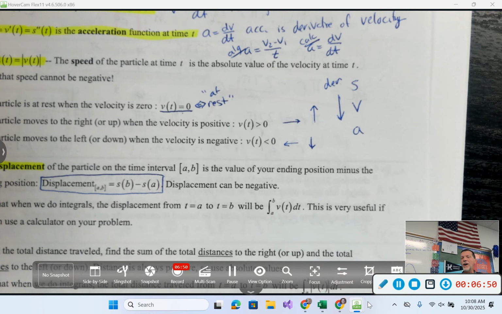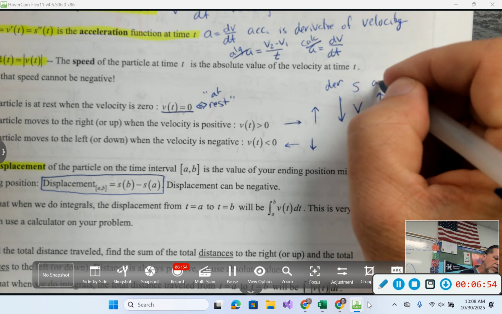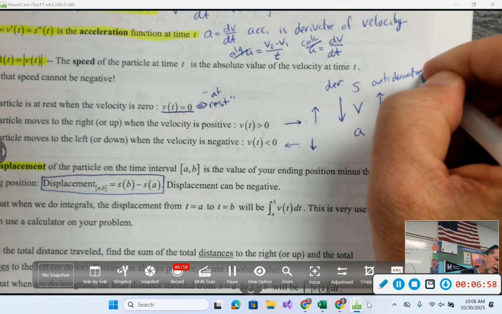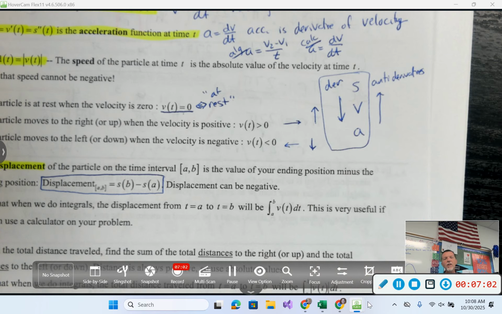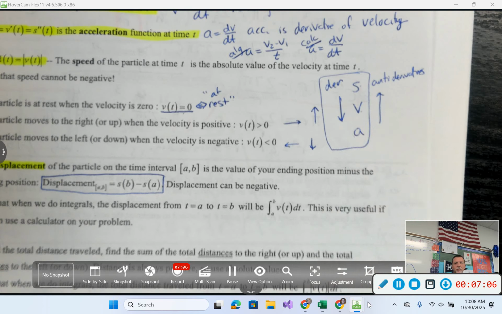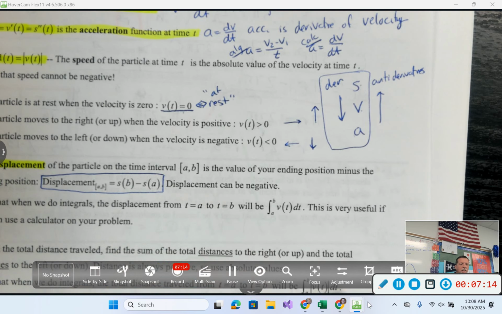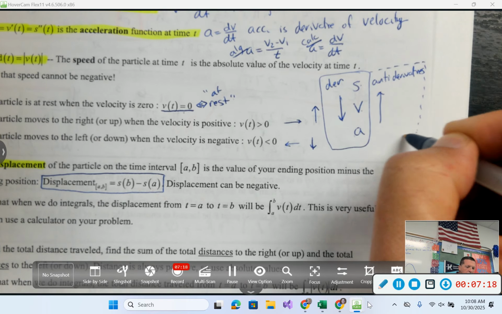That's all we know how to do right now. Later on, we'll take antiderivatives to go the other way. But for now, you take a derivative to get from position to velocity, from velocity to acceleration. After we learn about antiderivatives, we revisit motion, and we throw in some antiderivatives where we go backwards.